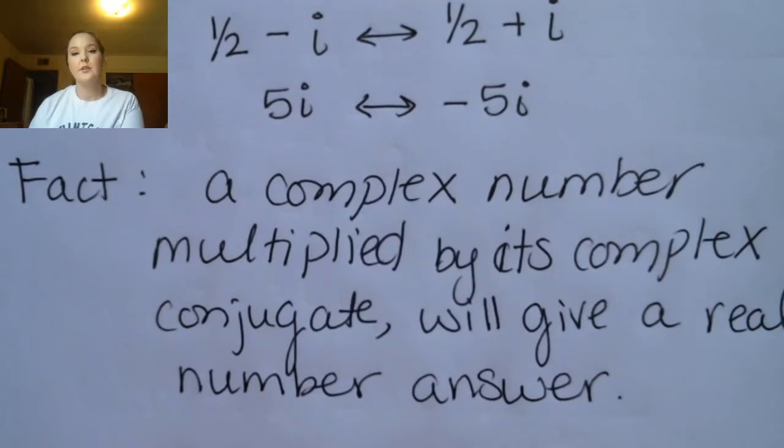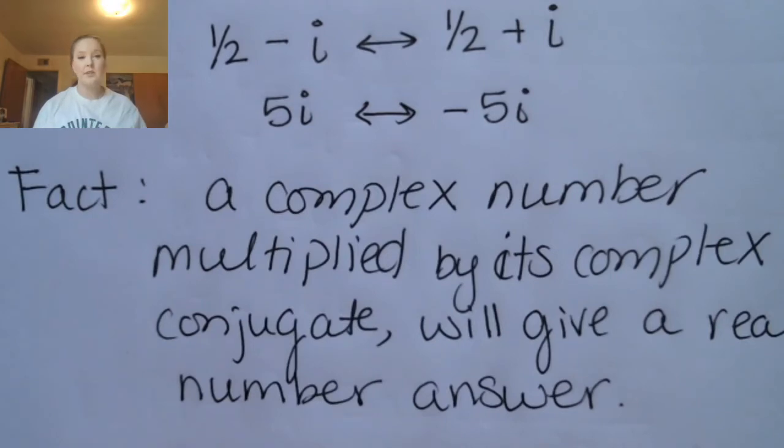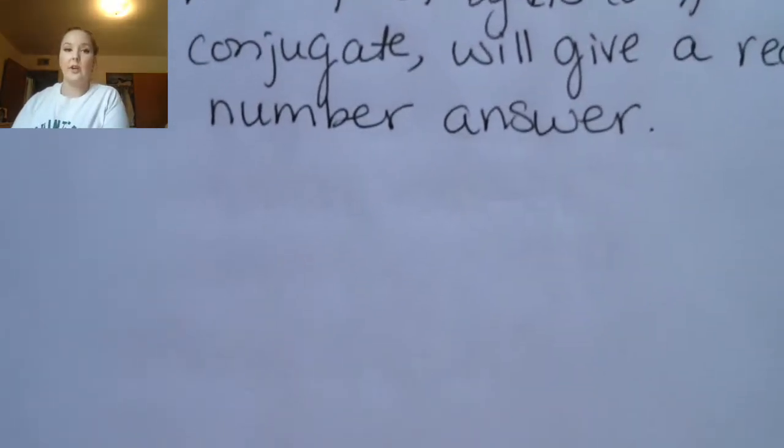Okay, so we saw that in the previous example, and that will always be true. When you have a number and you multiply it by its complex conjugate, you will get a real number value as your answer. Okay, so we're actually going to use this information to look at our next operation, which is division.